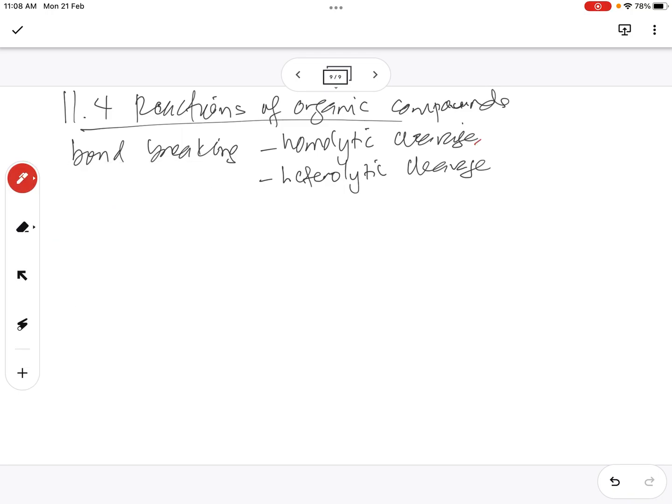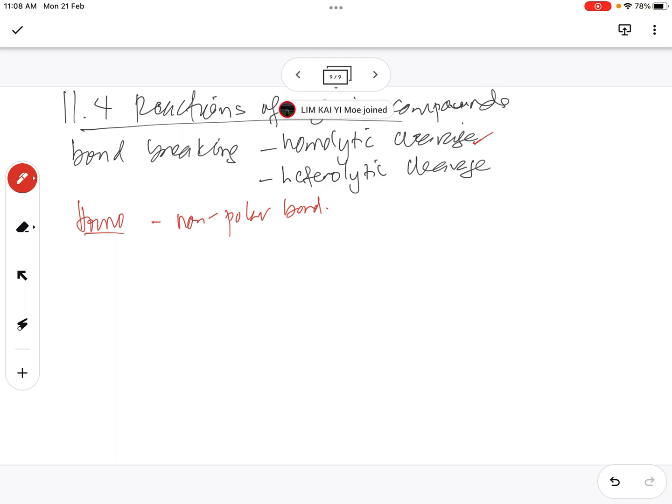Homolytic cleavage, if you see at notes, there are a few criteria. Most important one, it happens in non-polar bond. When there is a breaking in non-polar bond, it is normally homolytic cleavage.